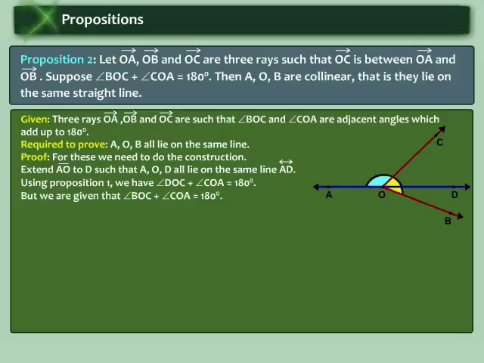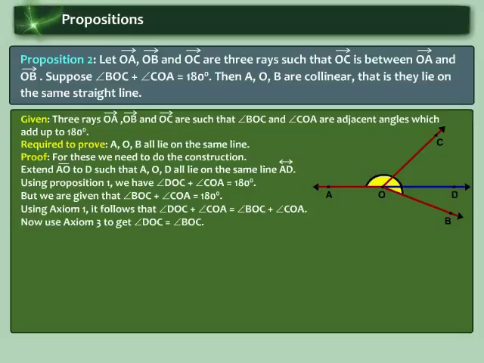But we are given that angle BOC plus angle COA is equal to 180 degrees. Using axiom 1, it follows that angle DOC plus angle COA is equal to angle BOC plus angle COA. Now use axiom 3 to get angle DOC is equal to angle BOC.